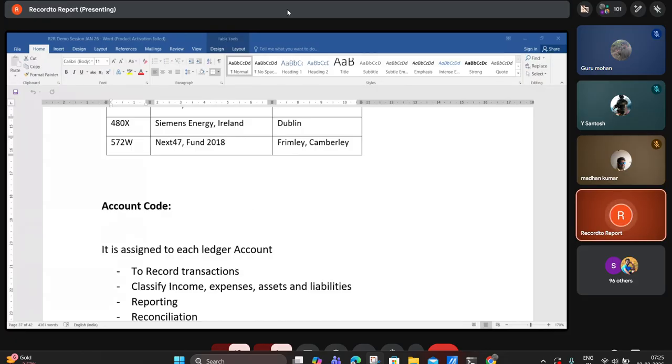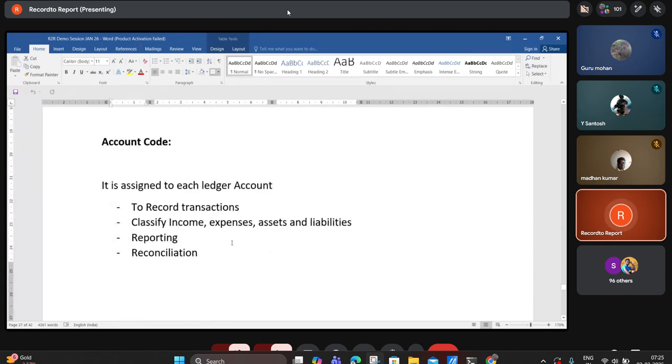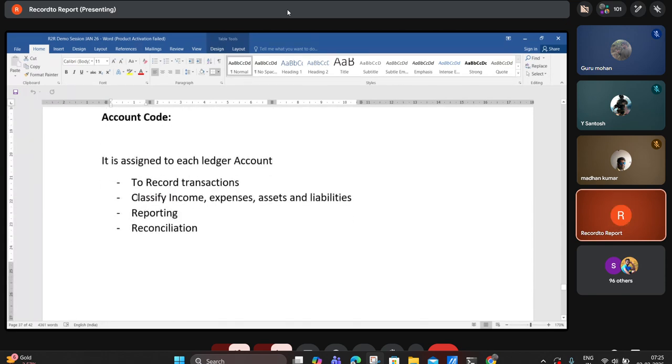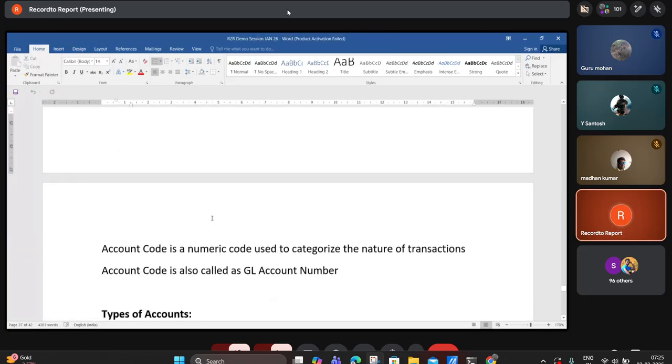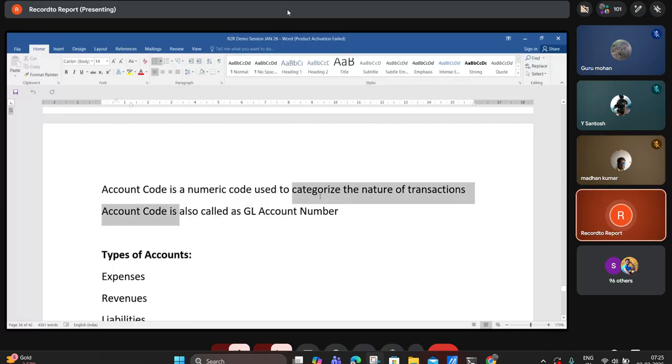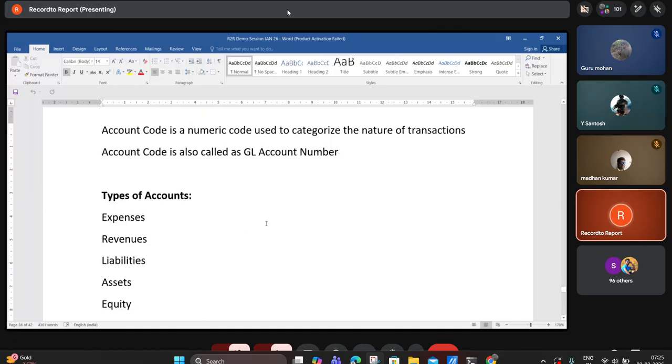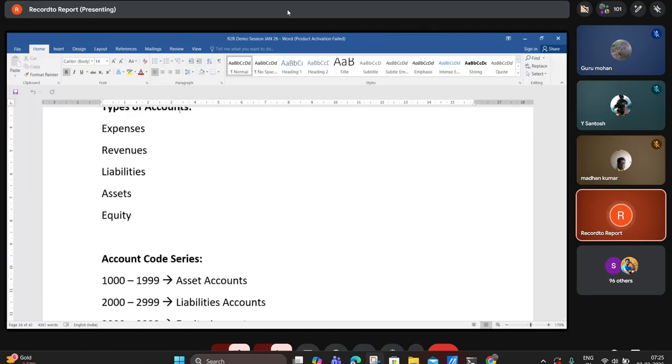Account code is assigned to each ledger account to record the transaction, and to classify income, expenses and assets for reporting purposes. Account code is a numeric code which is used to categorize the nature of transactions. So what are the types of accounts we have? The major types of accounts are expenses, revenues, liabilities, assets, and equity.